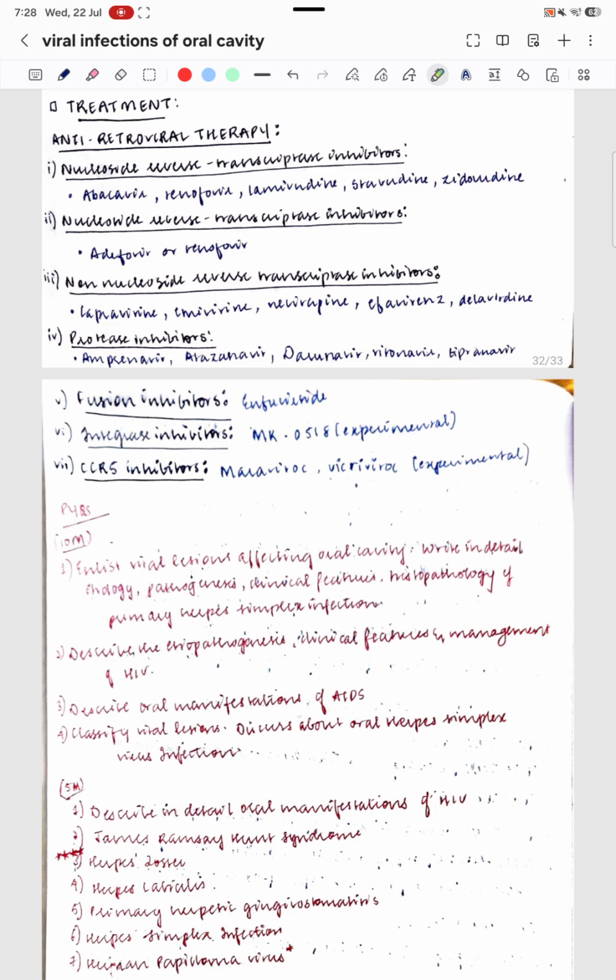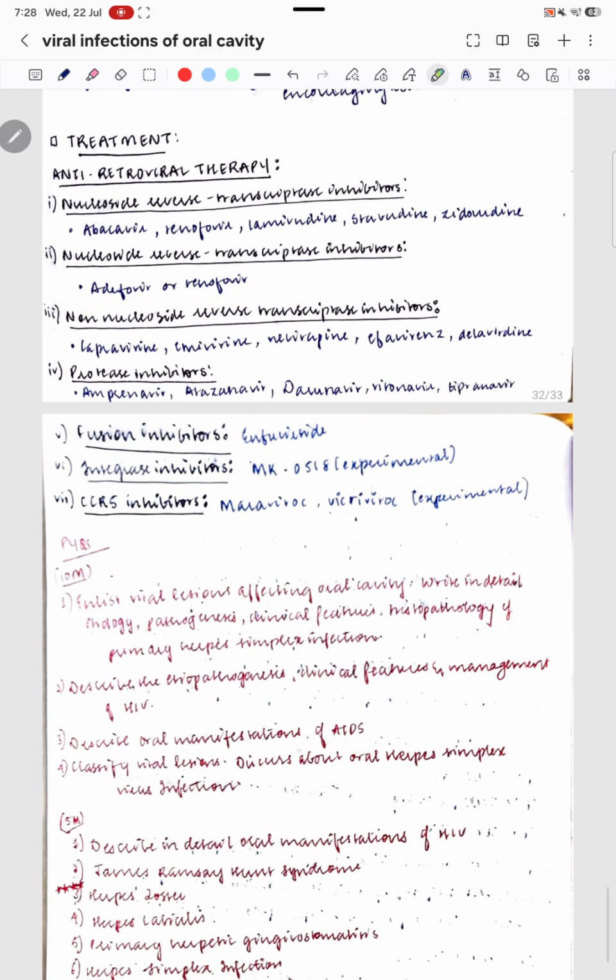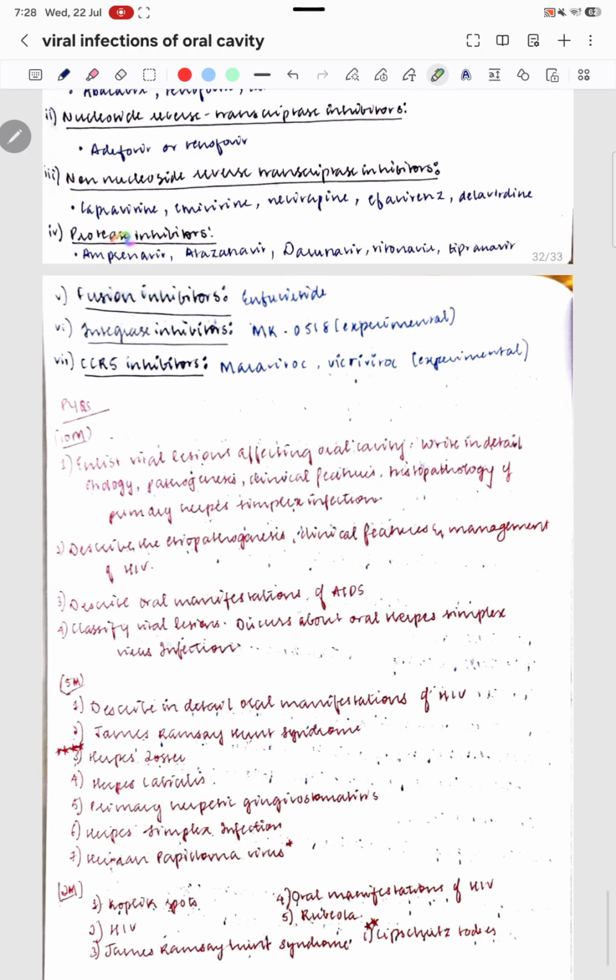A few examples of nucleoside reverse transcriptase inhibitors could be abacavir, tenofovir, lamivudine, and adefovir and tenofovir are examples of nucleotide reverse transcriptase inhibitors. Then protease inhibitors, fusion inhibitors, integrase inhibitors, and CCR5 inhibitors.